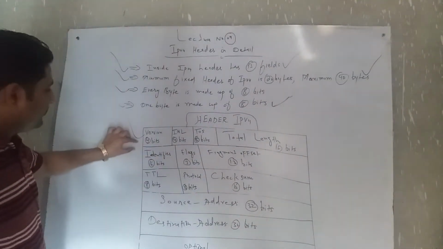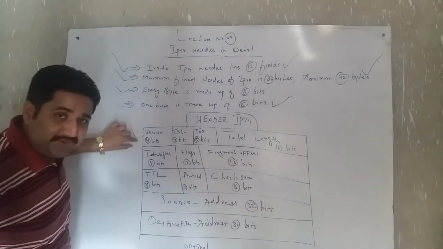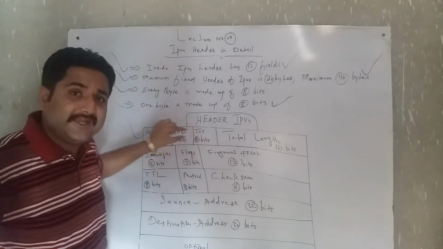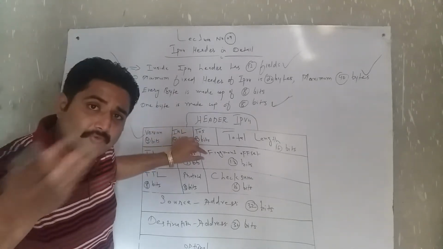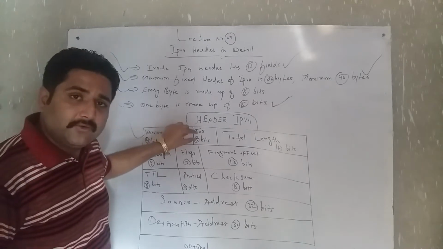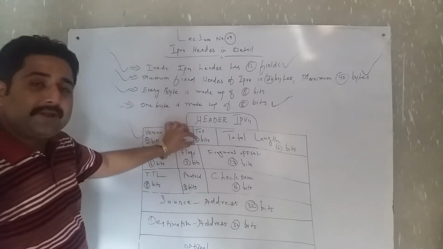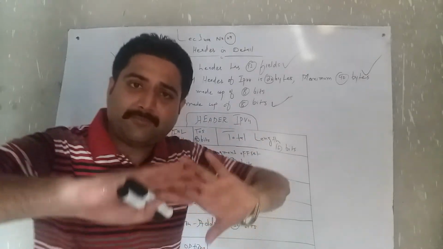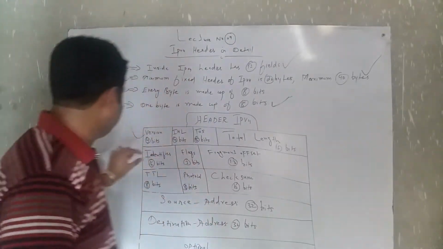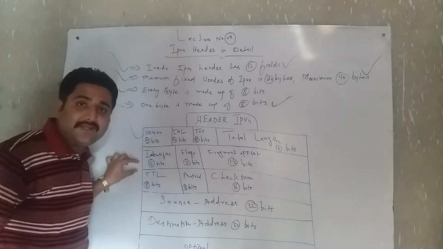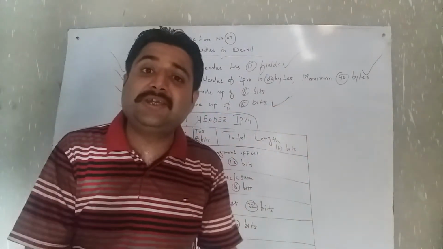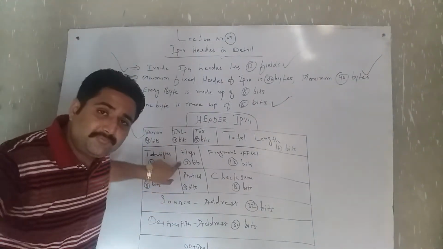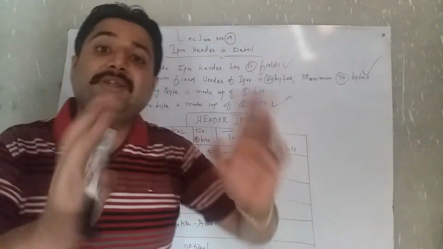First is version, which is made up of 4 bits. Next is IHL, which is 4 bits. Then TOS, which is 8 bits. Next is total length, which is 16 bits. Next identification, which is 16 bits. Next flags, which is 3 bits.